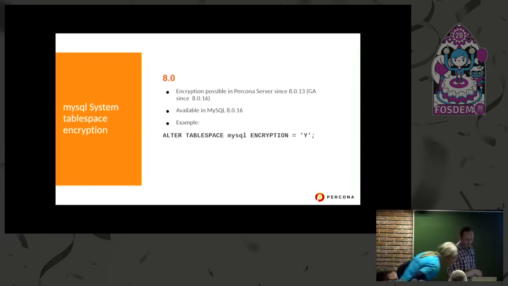To enable it, you can just do ALTER TABLESPACE and set the encryption on the mysql tablespace. This is not available in MariaDB because MariaDB doesn't separate the MySQL system tablespace from the system tablespace.